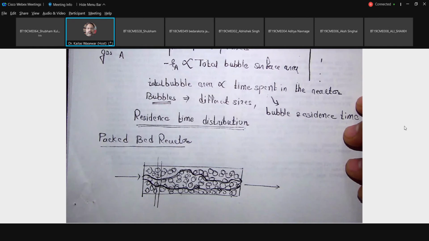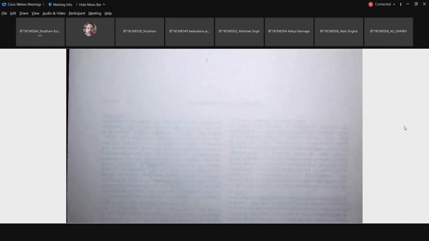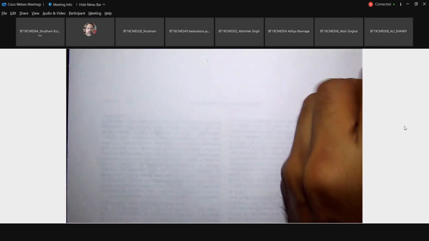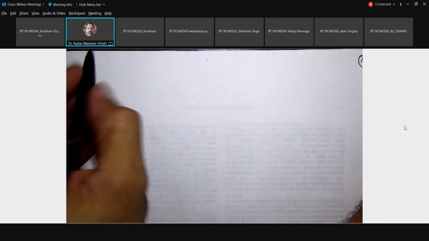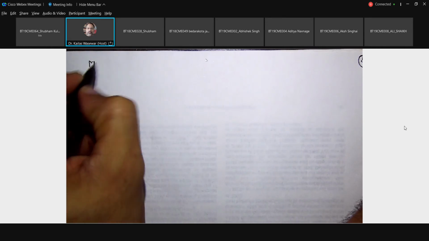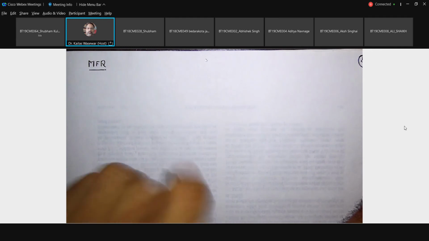Another example: the stirred tank reactor, or continuous flow reactor, or mixed flow reactor. So the MFR, if you take it in ideal condition, we know it.